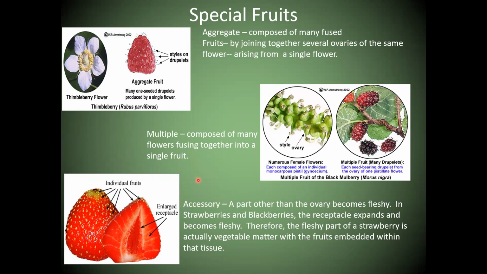The last type is accessory, and strawberry is an example. It's a part other than the ovary itself that becomes fleshy. In strawberry as well as in blackberry, the receptacle, the stalk of the flower, expands, becomes fleshy and becomes edible.